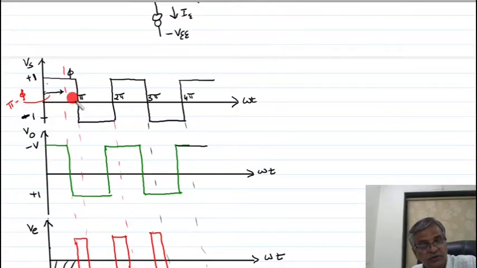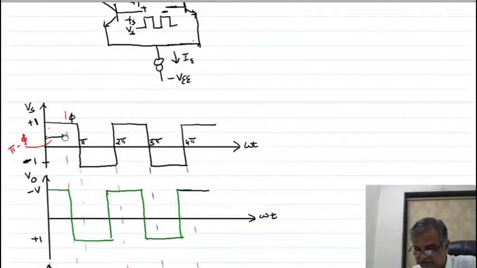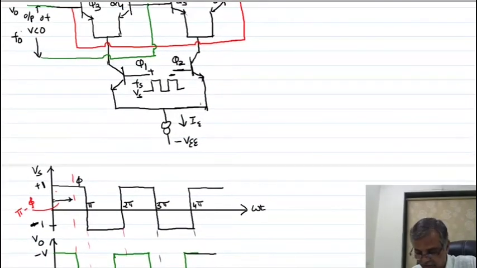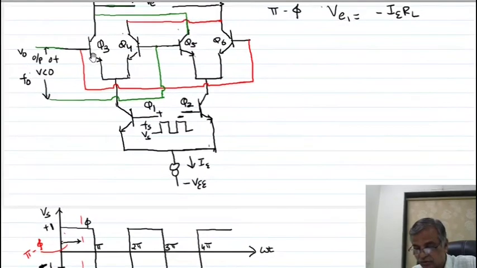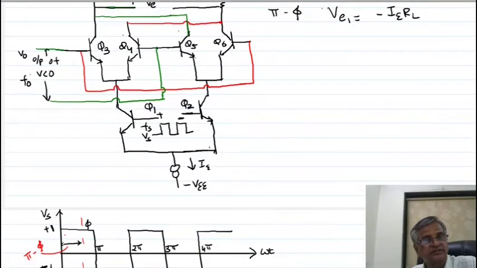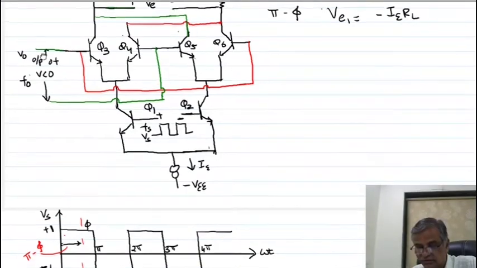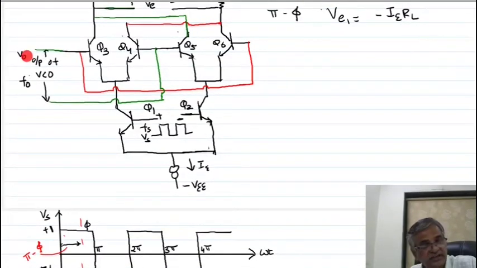So Vs is positive, transistor Q1 will conduct, you can see here, this is positive, transistor Q1 will conduct and Q3 does not conduct because this VO is negative. VO is negative during phi time interval. As a result, Q3 does not conduct.